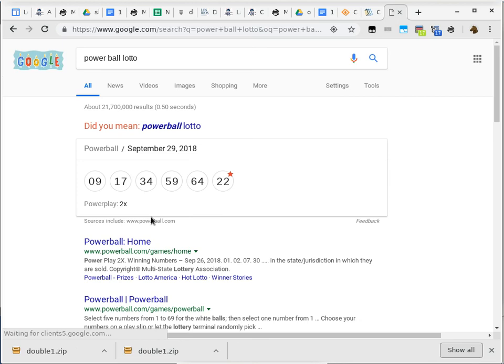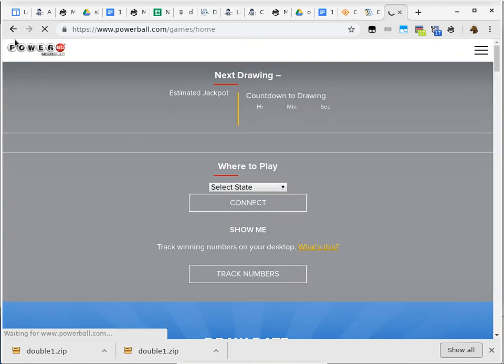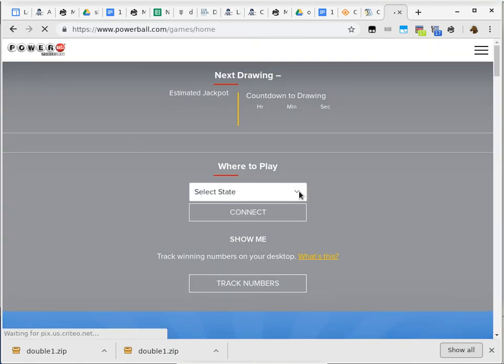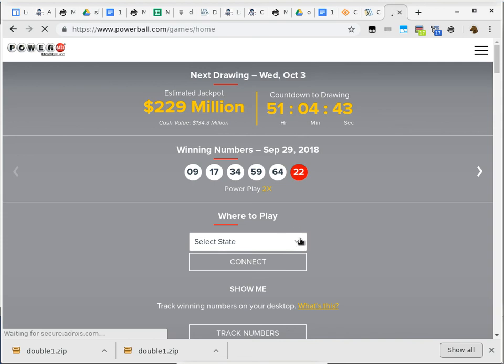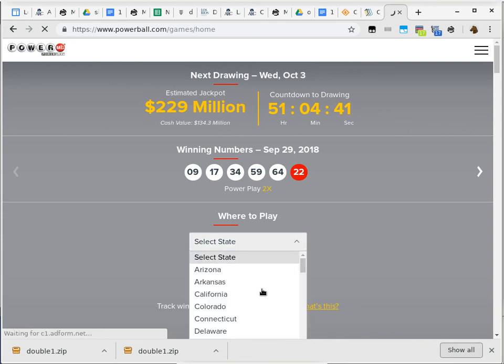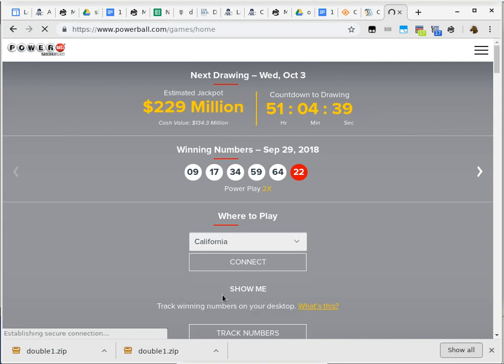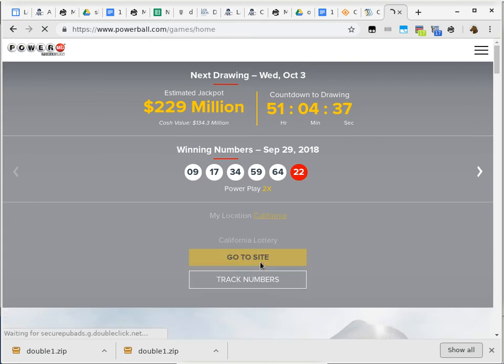The first thing that pops up is the winning numbers for this particular week, which basically means enough people are interested in the winning numbers that it pops up first. Okay, so we're going to go to the home page. Oh, interesting. You can go to one nationwide Powerball website to navigate to the state that we are in.